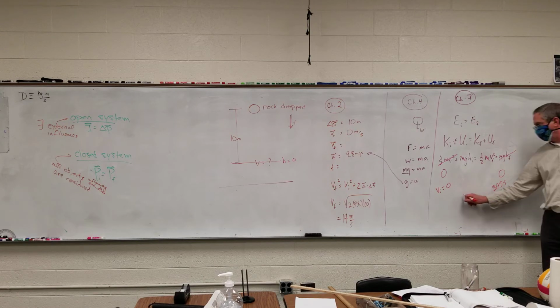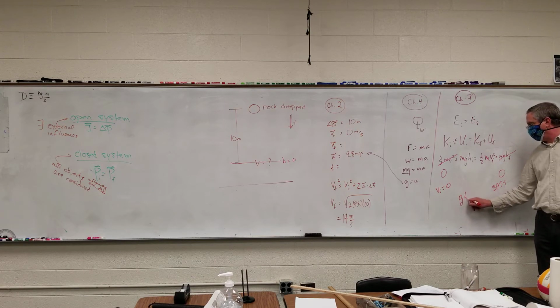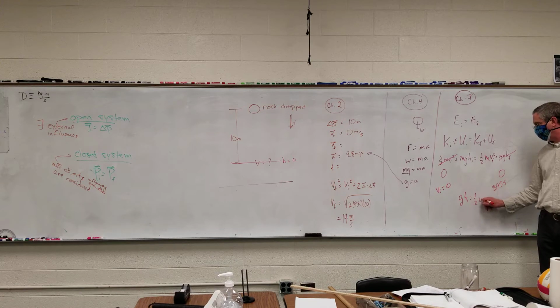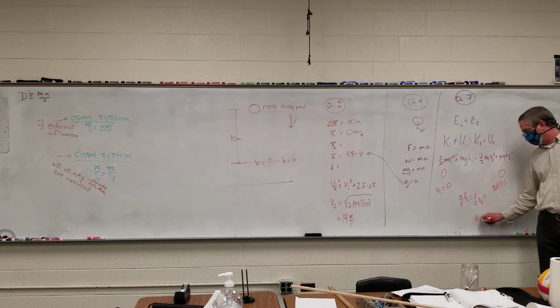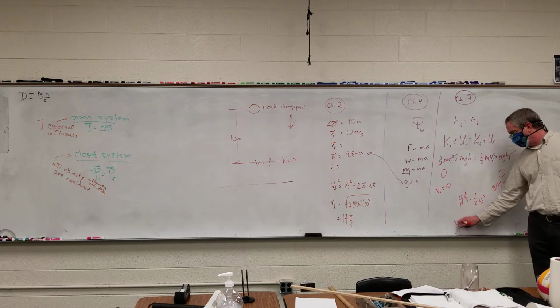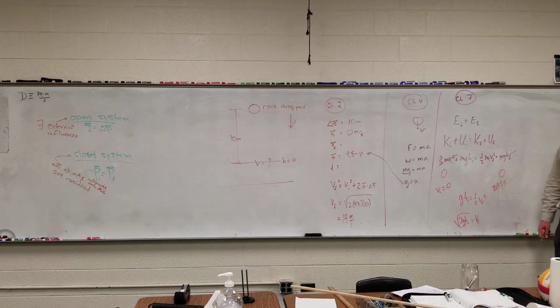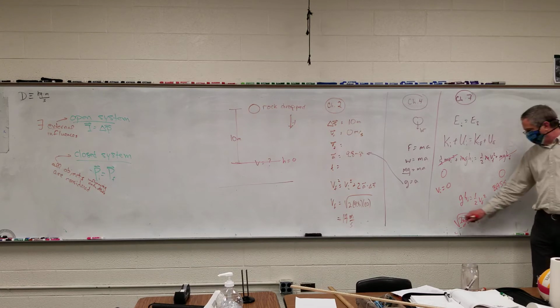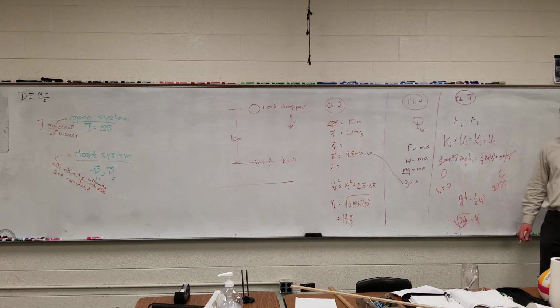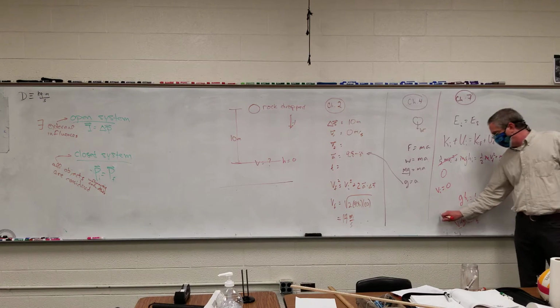And so what I'm left with is gh_i equals 1/2 vf squared. And so my final speed is the square root of 2 times g times h sub i, the height based upon where we have 0. And I'm thinking that's somewhere around 14.